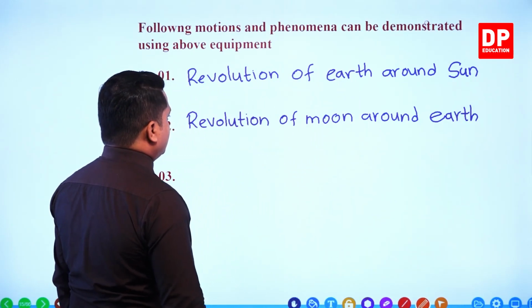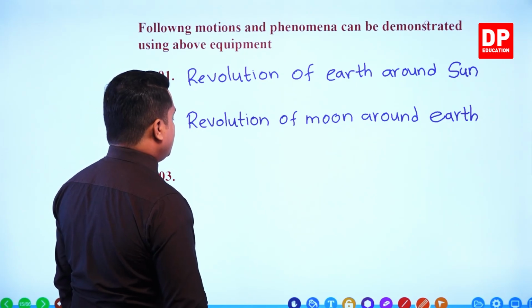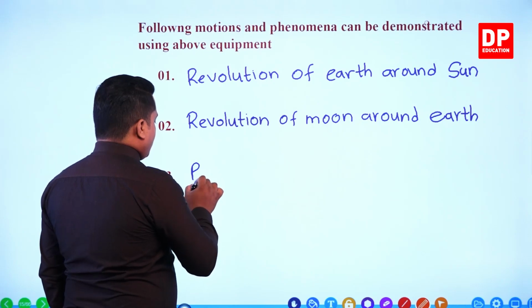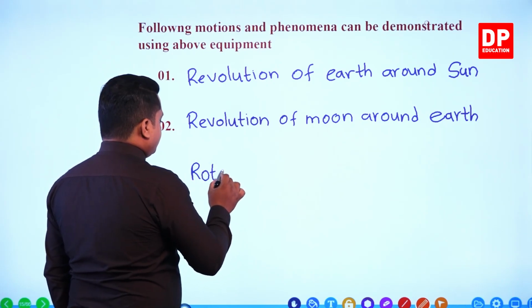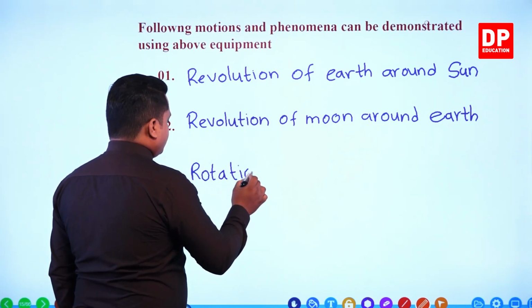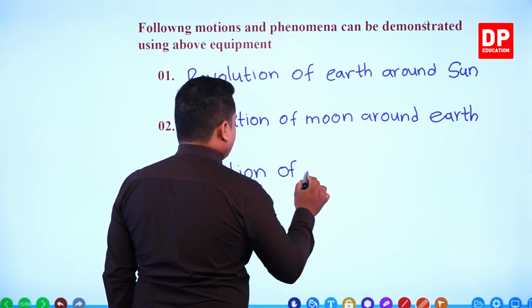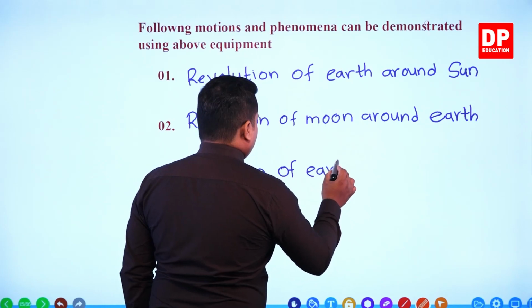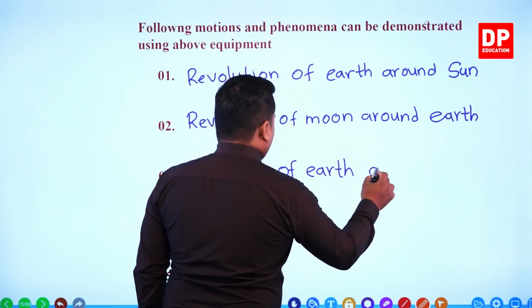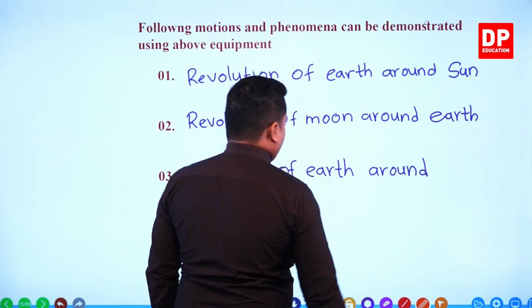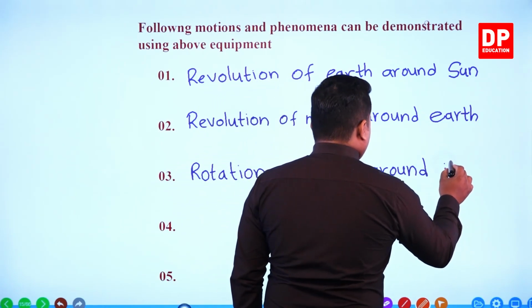Revolution of Moon around Earth. Then number 3, rotation of Earth around its own axis.